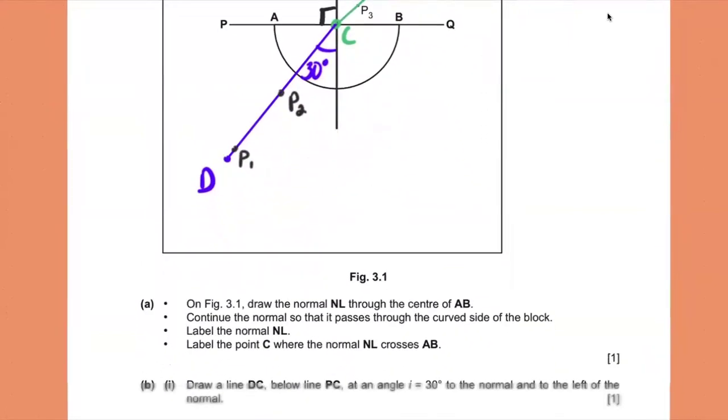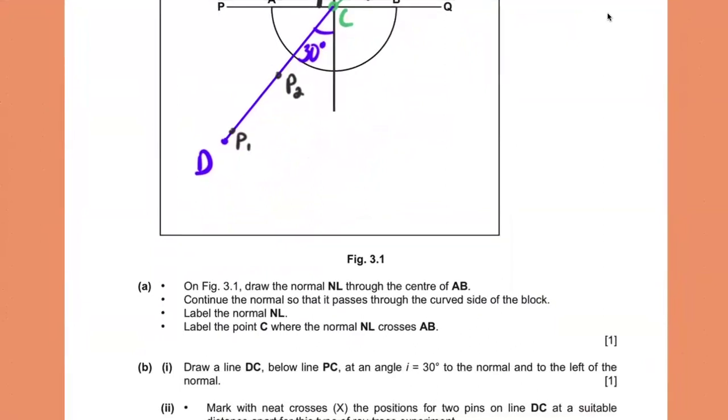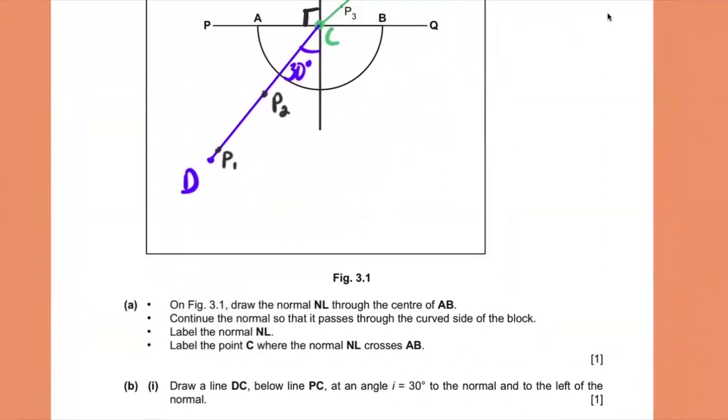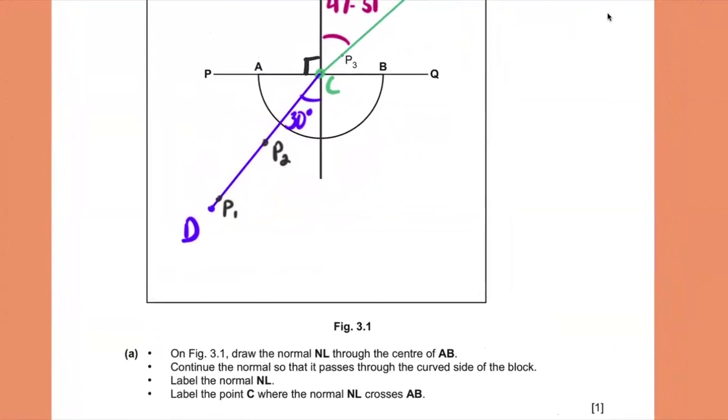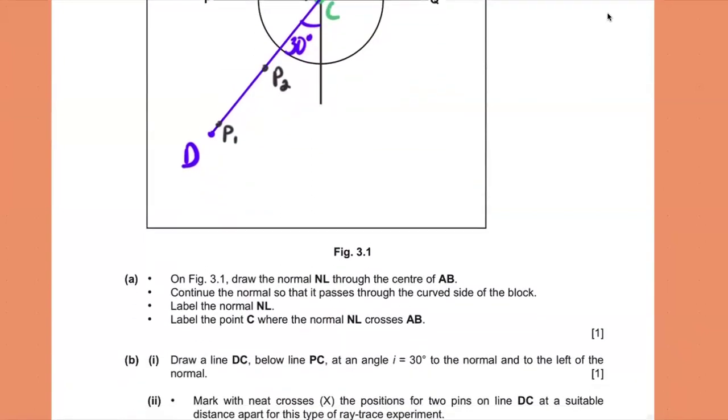Obviously, normals are perpendicular to the surface and form a 90-degree angle. Continue the normal so that it passes through the curved side of the block, which I've done. Label the normal NL. Label the point C where the normal crosses AB. So the normal crosses AB at C, that's what I've also labeled.